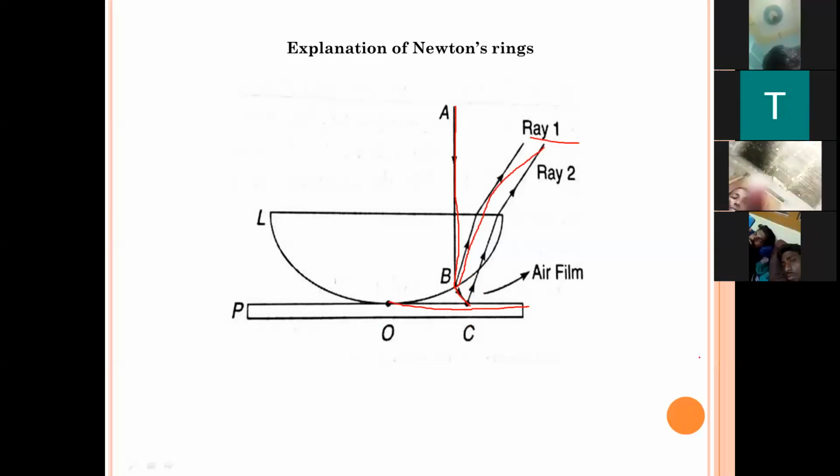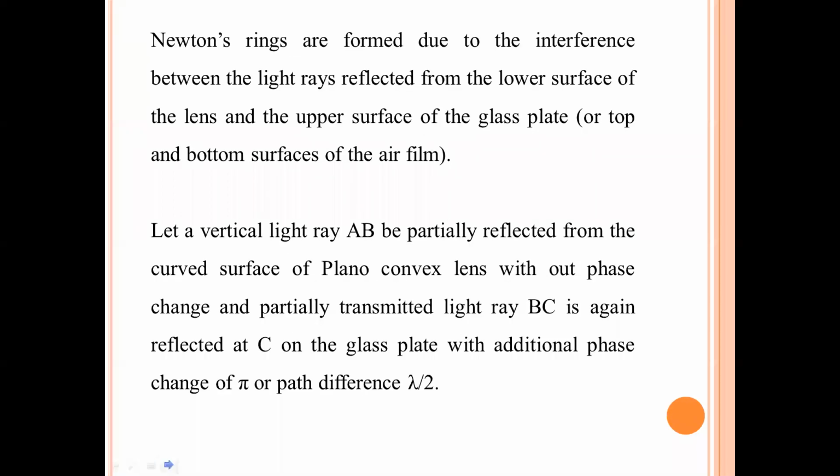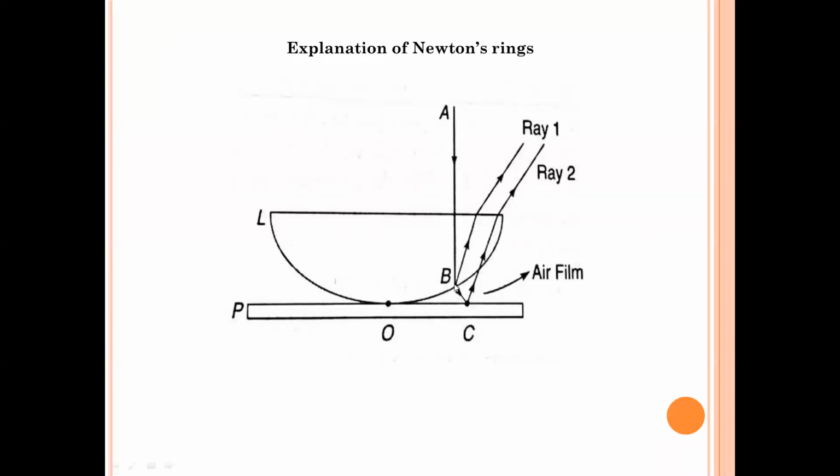So this incident ray AB gives ray 1, and due to the reflection from the plain glass plate, ray 2. By the superimposition of ray 1 and ray 2, we get the dark and bright rings.